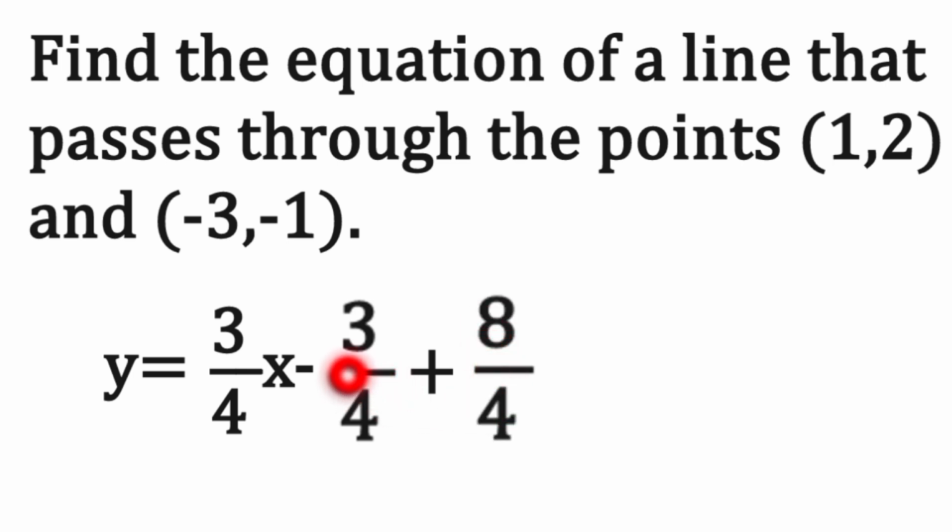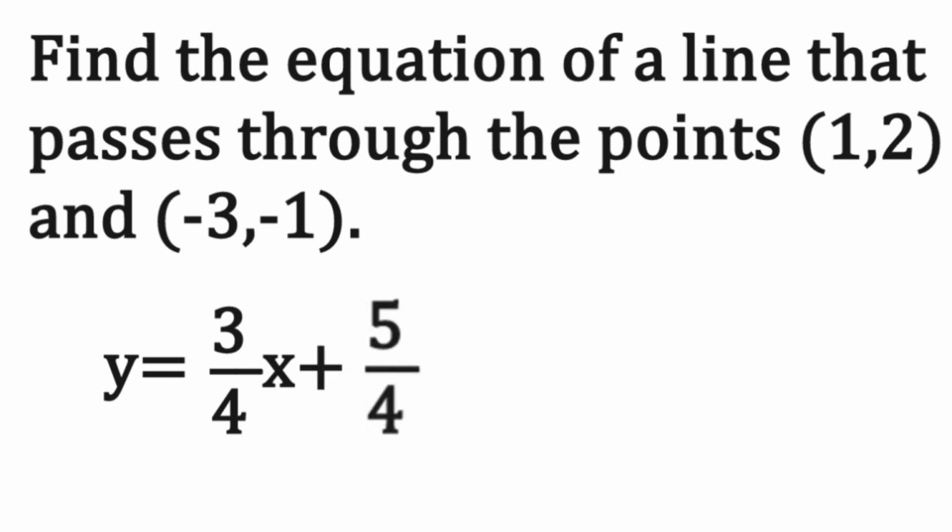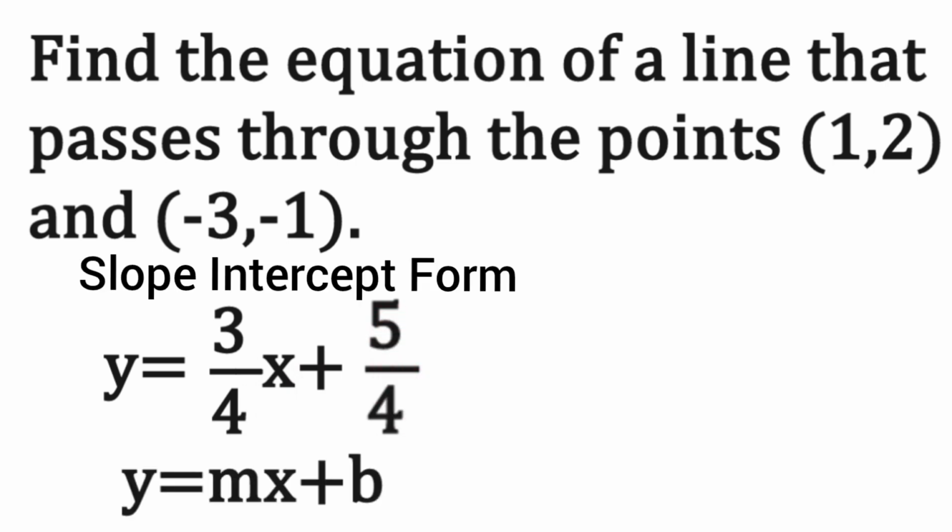So adding negative 3 over 4 plus 8 over 4, we add the numerators, which equals 5, and copy the denominator. So we have positive 5 over 4. So we have y equals 3 over 4 x plus 5 over 4. This follows the y equals mx plus b, the slope-intercept form.